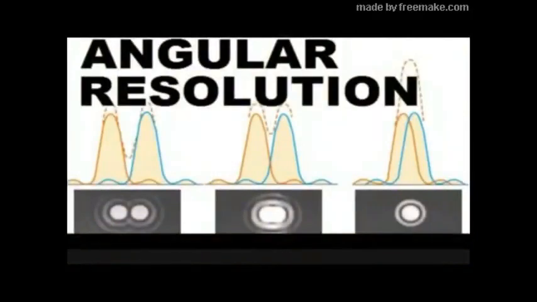Well, it all has to do with the way that we view light, whether it be from your eyeball, a camera, or a telescope. In optics, the best focused spot of light that a perfect lens with a circular aperture can make is called the Airy disk. Now as you can see on the left hand side, there are 2 points of light and 2 Airy disks. They are both resolved.